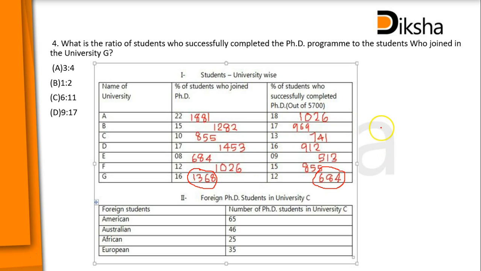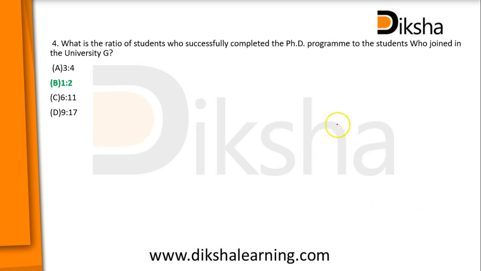We will write the ratio in the form of A by B. Here they have asked the ratio of those who successfully completed to the students who joined G. That means 684 by 1368. You get the ratio as 1 by 2, that is 1 is to 2. So the option is B, which gives you the ratio 1 is to 2.